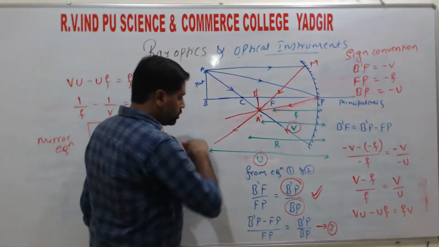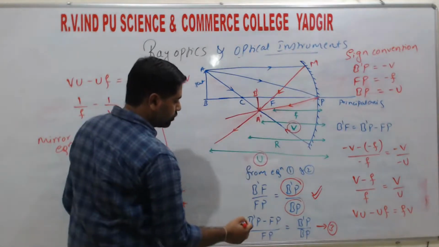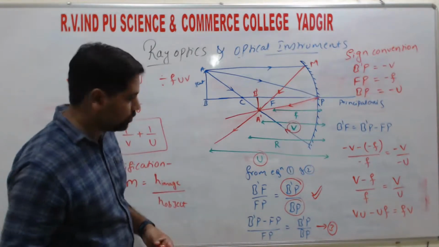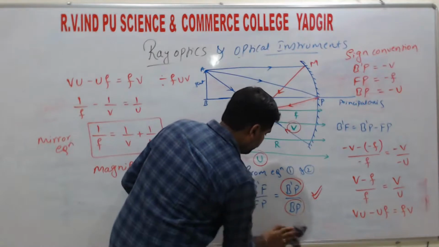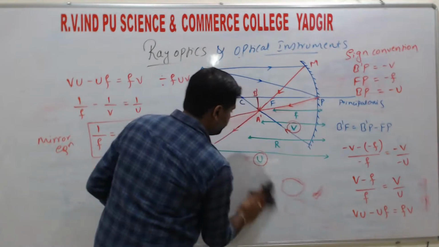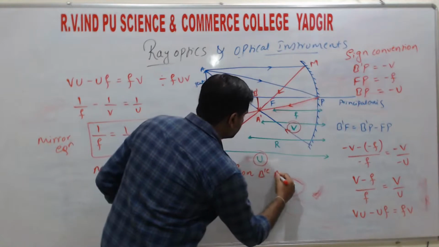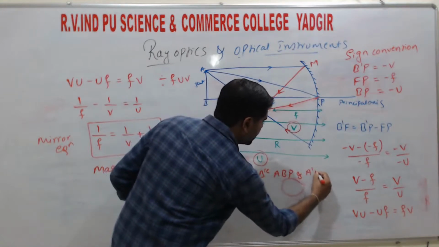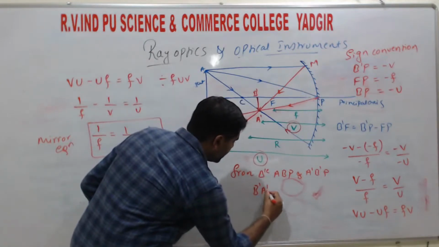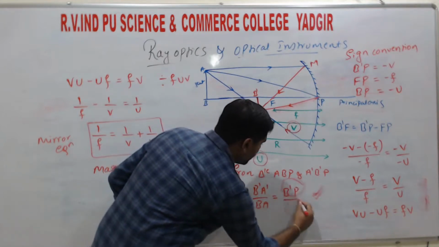From the triangles ABP and AʹBʹP, we can write BʹAʹ by BA equals BʹP by BP.